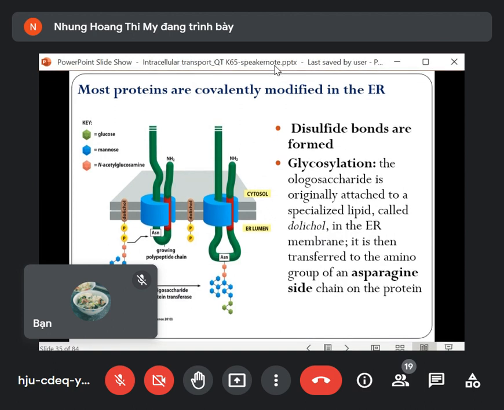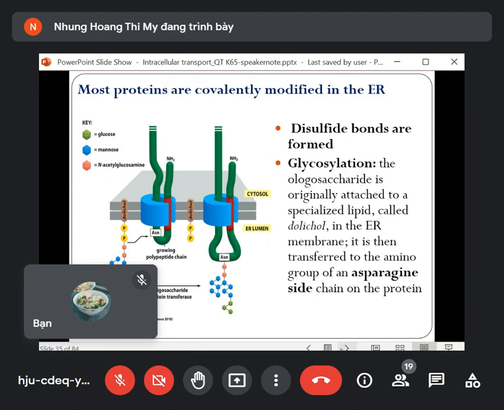So that is one type of modification of the protein whenever they come into the ER. Then the protein either can stay in the ER lumen if they contain specific sequences on the C terminal, or this protein will be transported to the other organelle, like the Golgi apparatus.